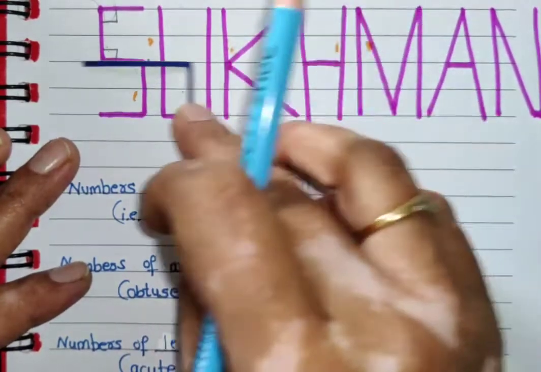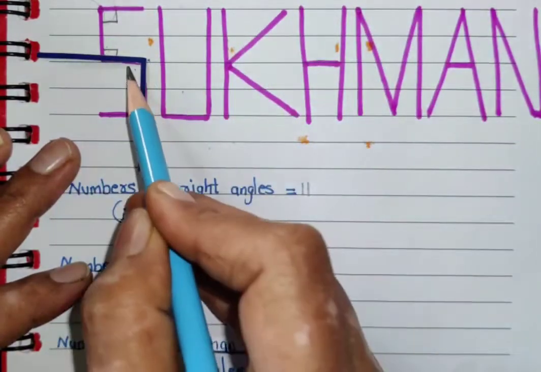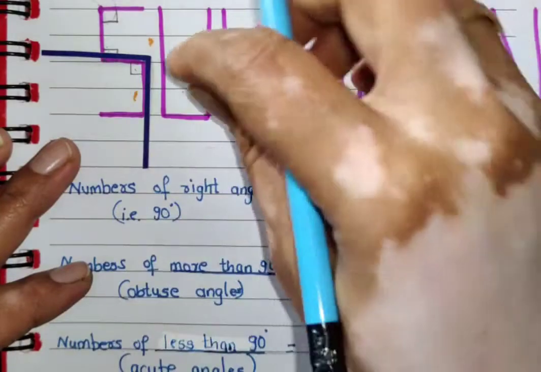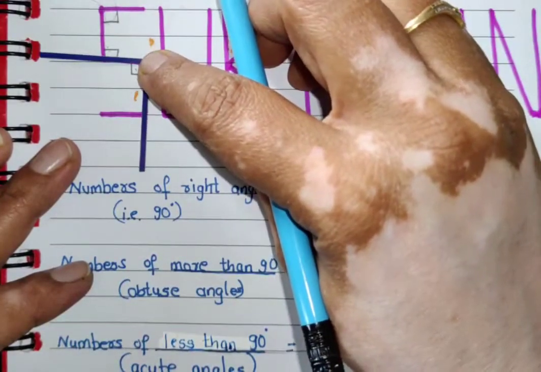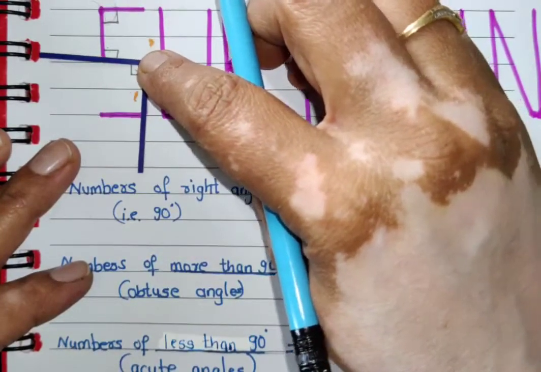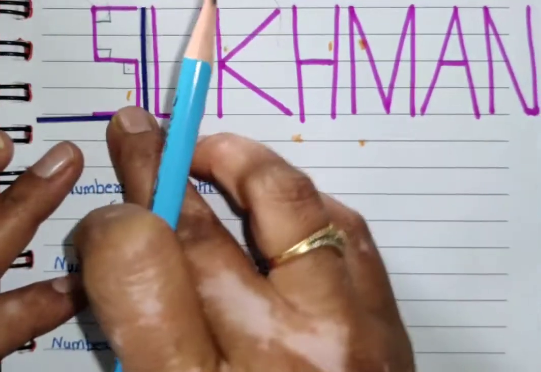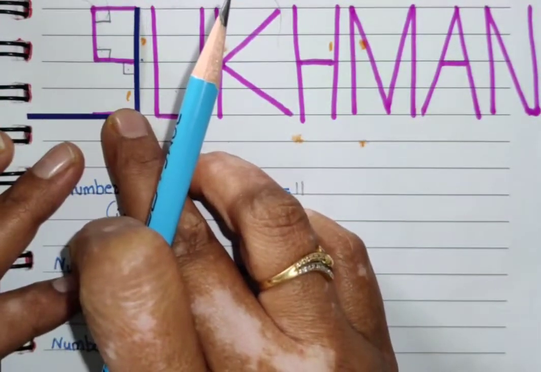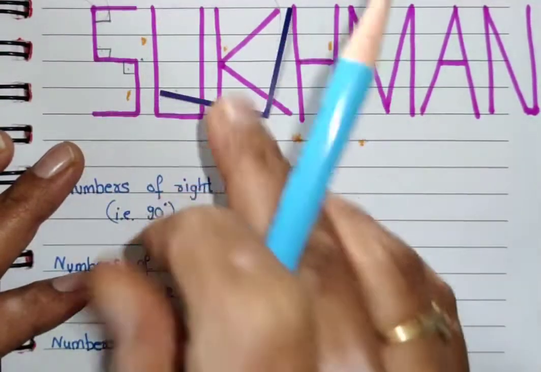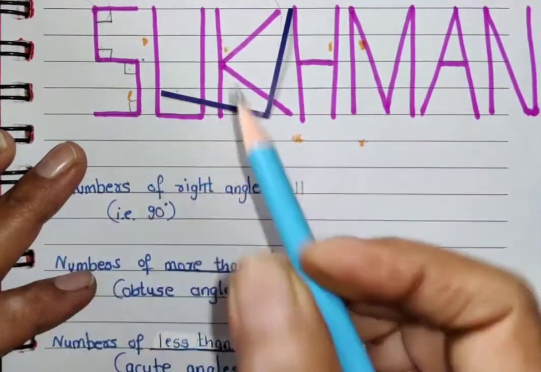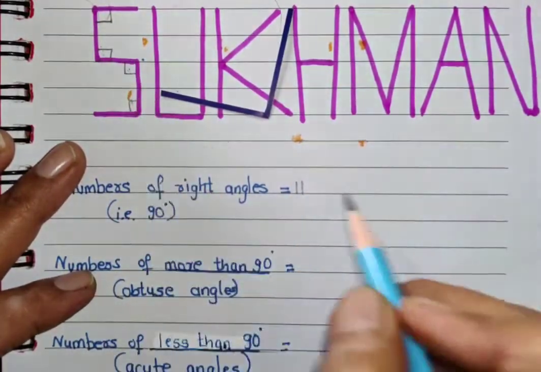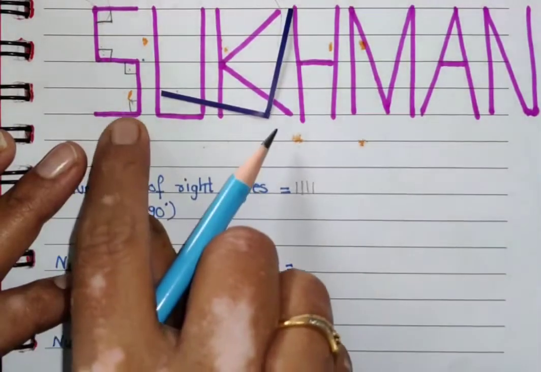Now let us confirm. See, this angle is actually overlapped by the blue one completely. You cannot see the S line at all. And this also is completely overlapped, right? And we are getting this right angle. So how many did we get? 1, 2, 3, 4 up till now from the letter S.